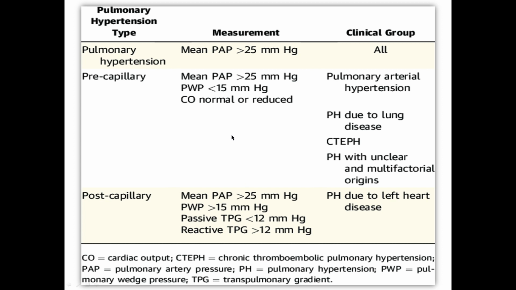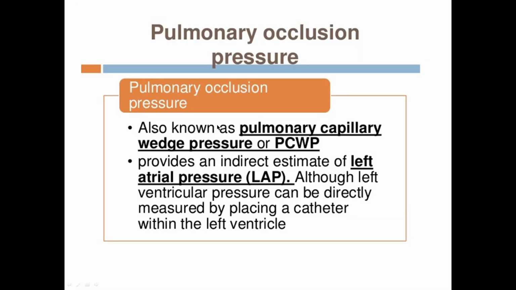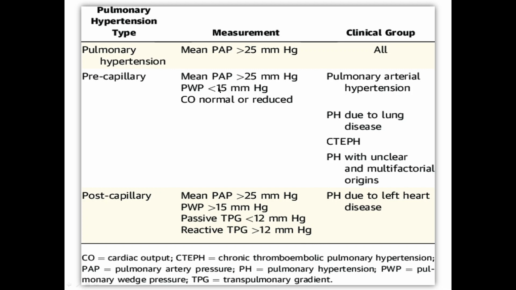But in cor pulmonale, the pulmonary occlusion pressure is less than 15, because there is normal pressure in the left atrium. In left heart disease we have increased pressure in the left atrium, so the pulmonary wedge pressure is more than 15.